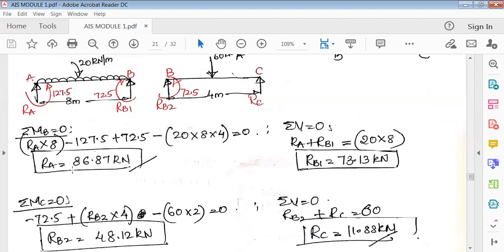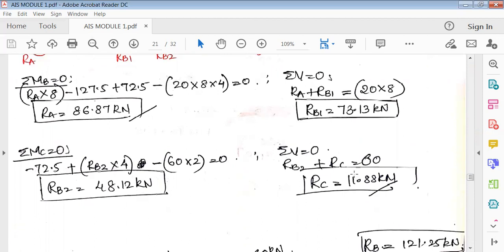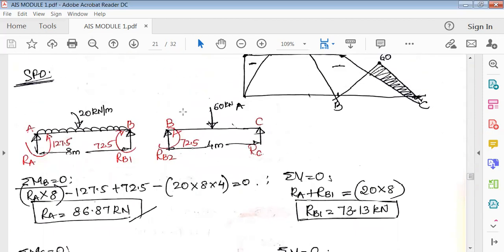So you get RA. Similarly, for the same span, calculate the sum of vertical forces. Summation V is equal to 0, so RA plus RB1 is equal to 20 into 8, and your RB1 value is 73.13. Then take moment about C. Moment about C is equal to 0.